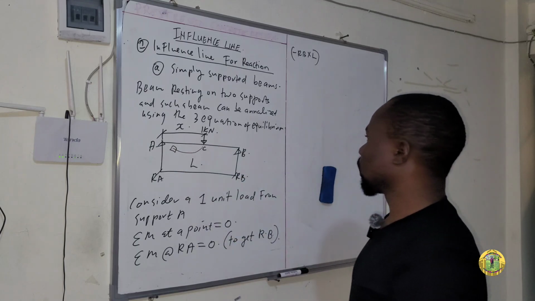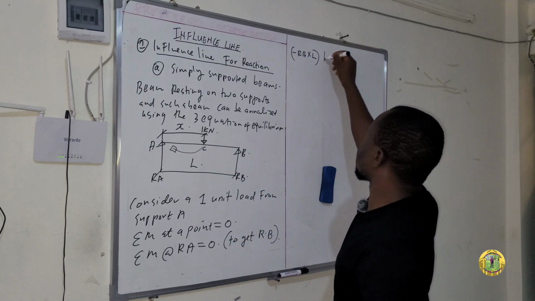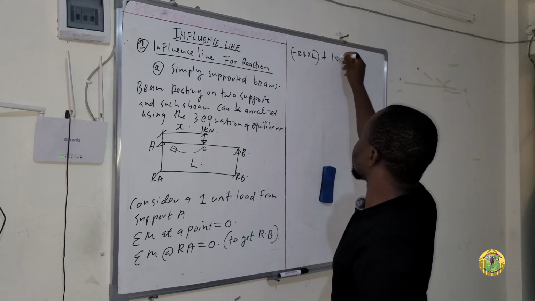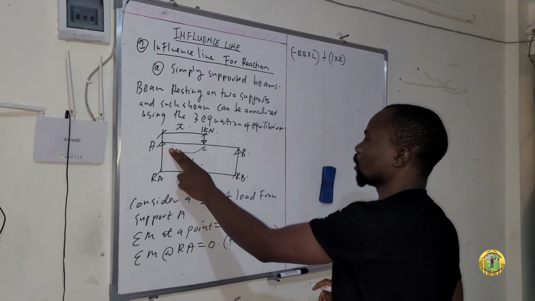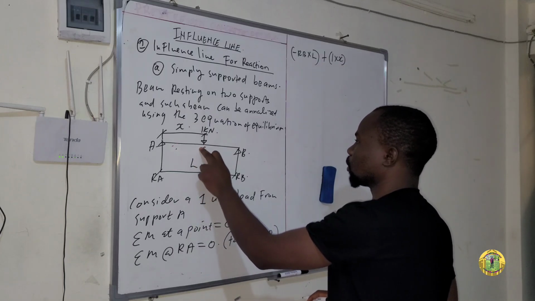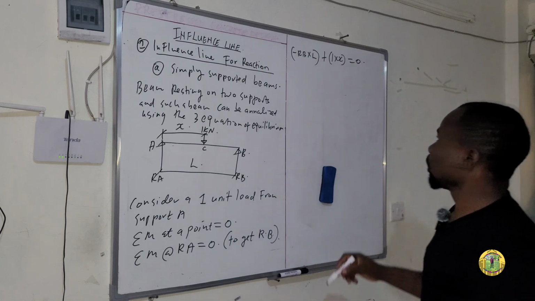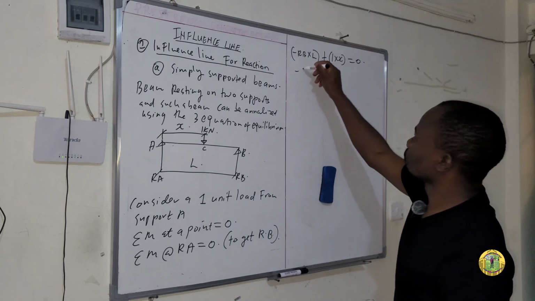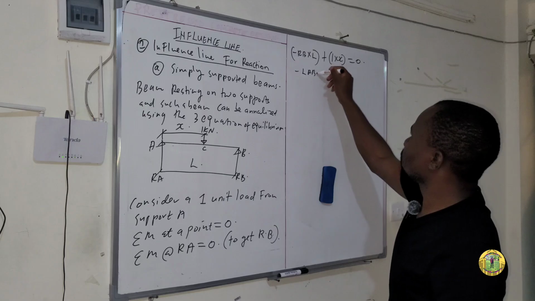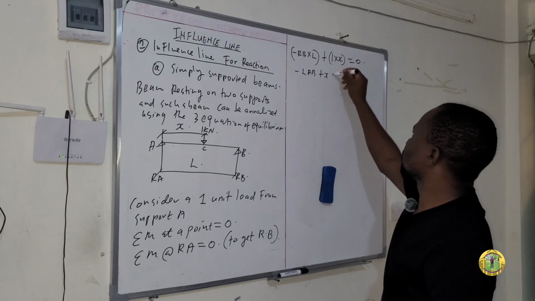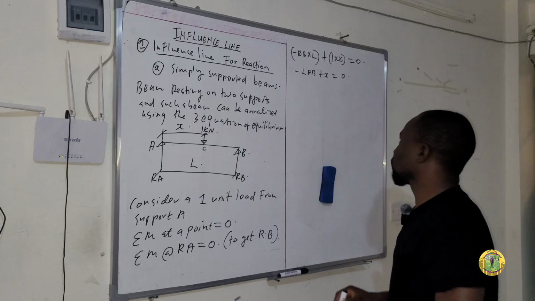This is clockwise. So clockwise is plus 1 times X, because the distance is X, and then is equal to 0. So we will have minus L RB plus X. 1 times X is X, is equal to 0.